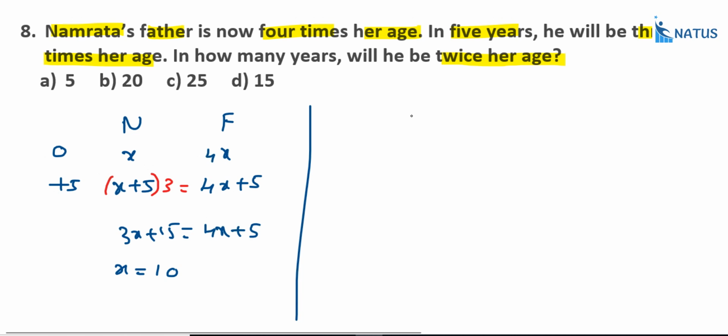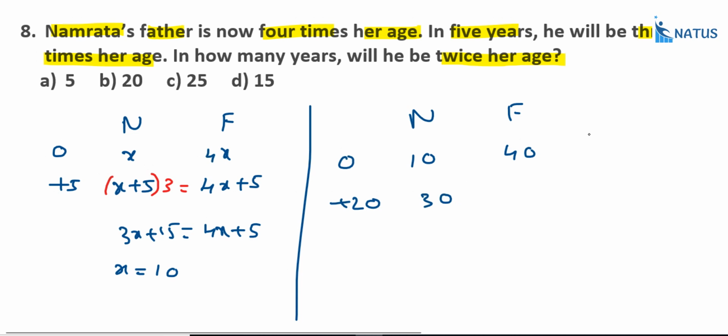Here, at present Namrata is 10 and father is 40. What we require is, in how many years will he be twice her age? Just go through the options. Suppose if you take 5, Namrata is 15, father is 45, which is not double. And next suppose 20, in 20 years, what happened?